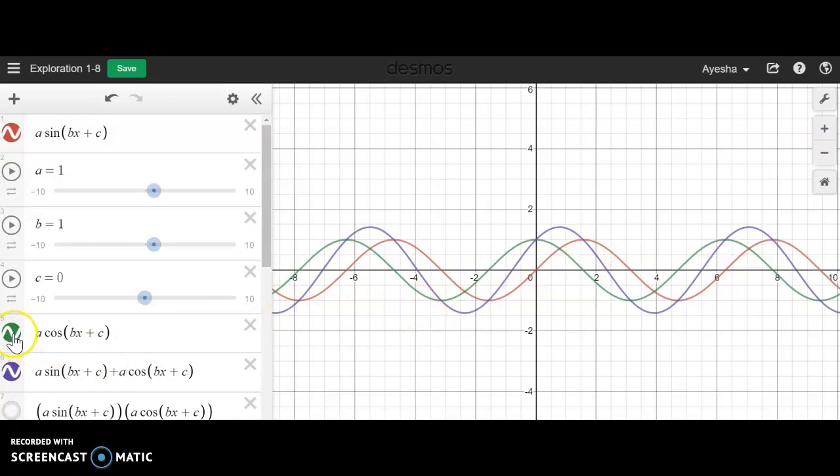So now we're going to explore what happens when we change the values of a, b, and c for h of x.